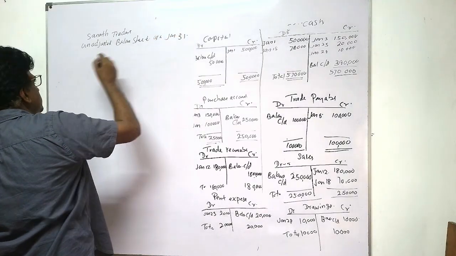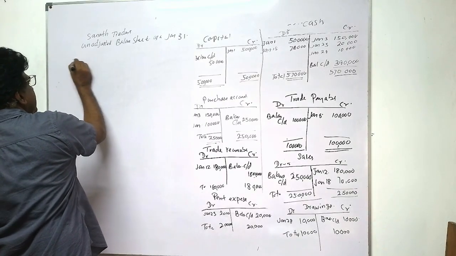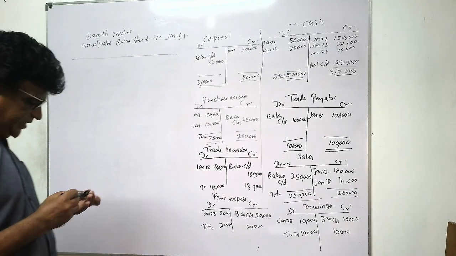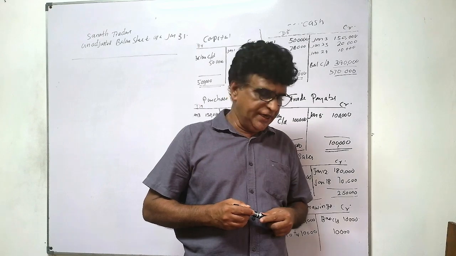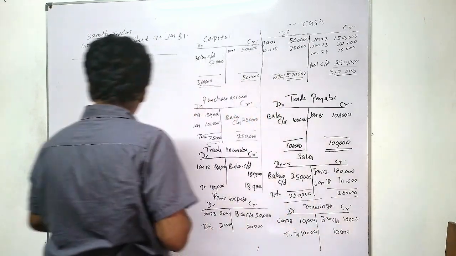We need 3 columns for the unadjusted balance sheet. What are those? Account title, debit, and credit.